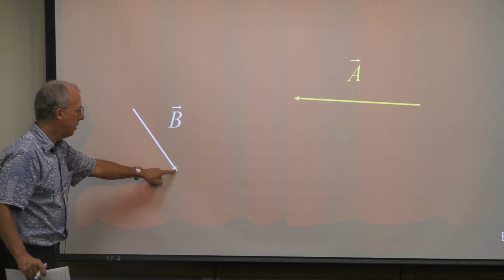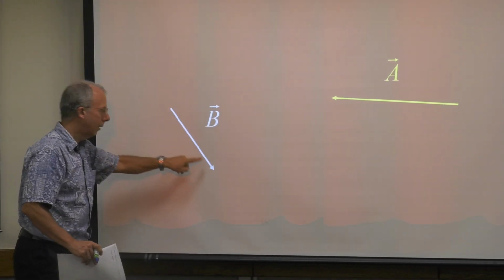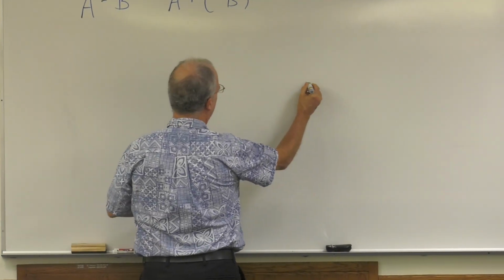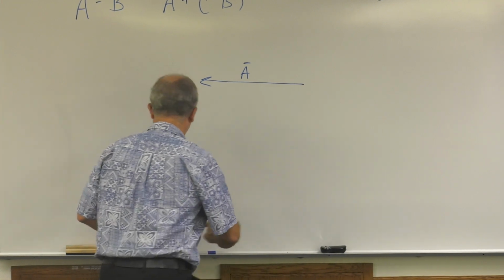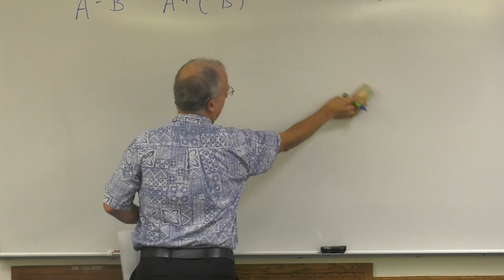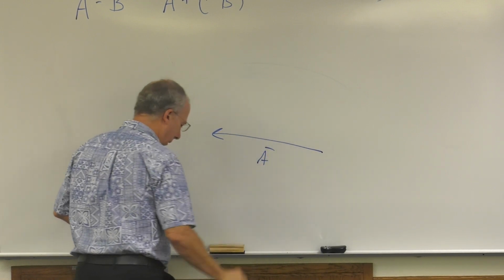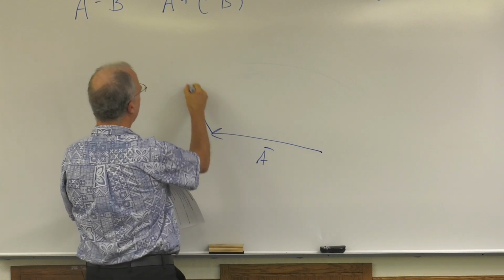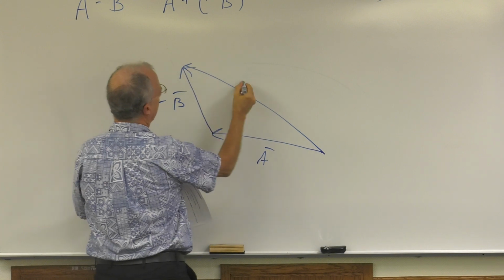So if this is B, then this is minus B. A is kind of like that. And then minus B is like that. So A minus B is like that.